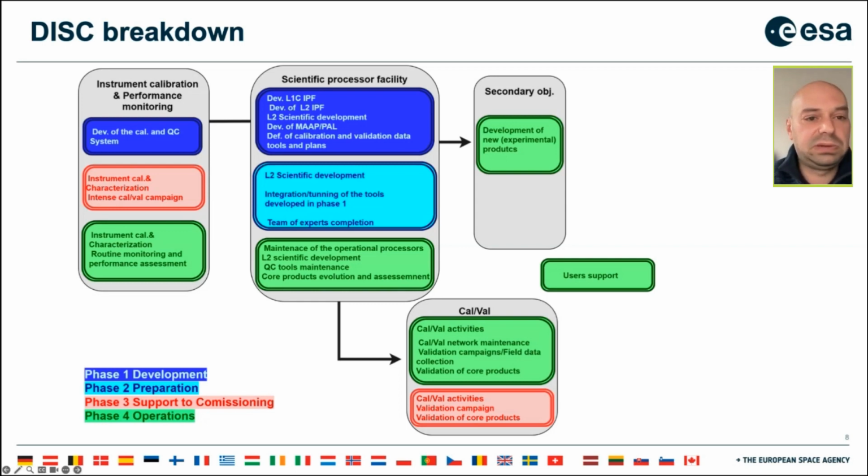And then in the preparation phase, we have to ensure that all these tools and processors are integrated into our ground segment. They are tested and they perform in optimal conditions, and we are ready for the launch. So ready to acquire real data and to process it to give you the products that you want.